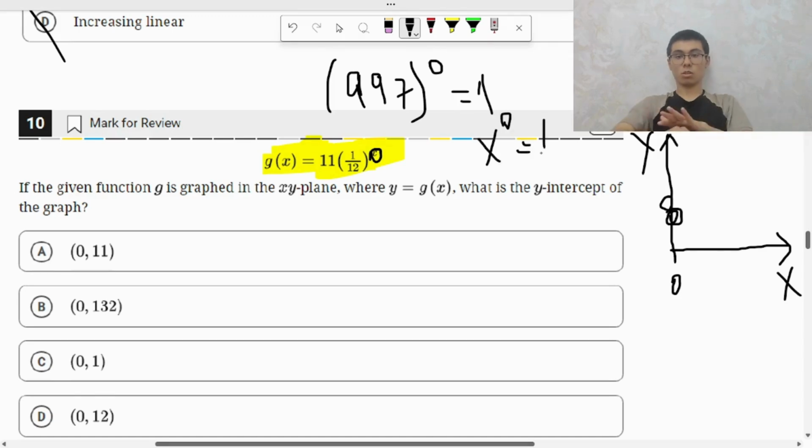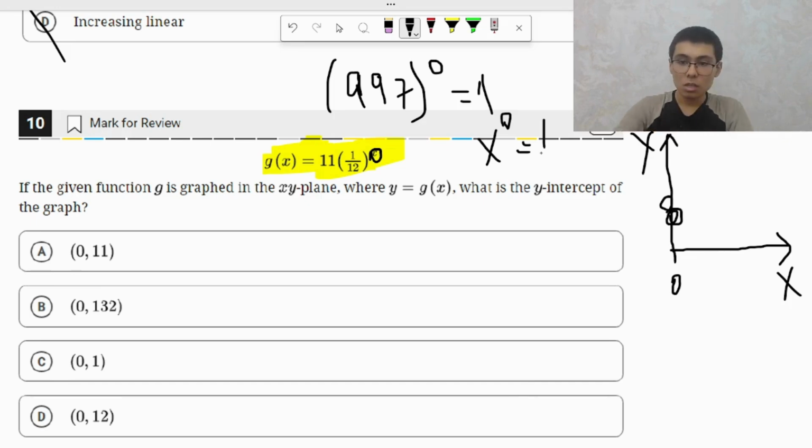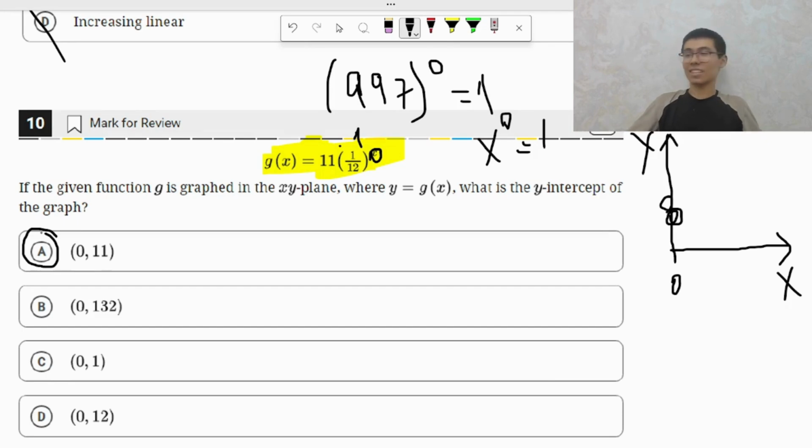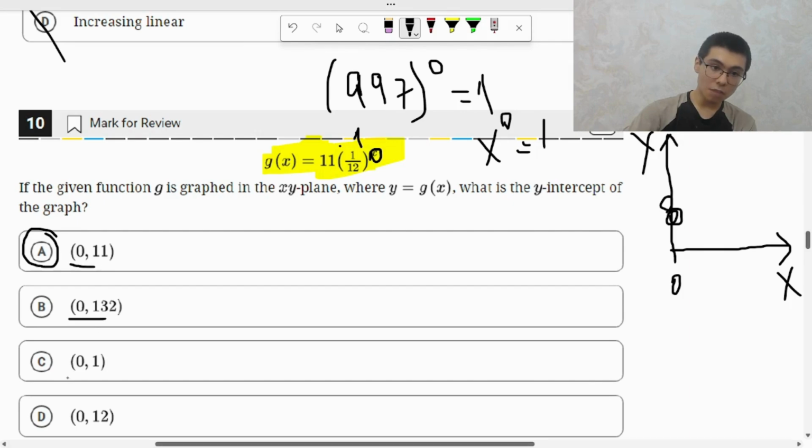It's a rule; you can't reject this. So 11 multiplied by 1 is going to be 11, right? Even if you didn't know what y-intercept actually means, you could easily get this question correct. Why? Because all of these choices have 0 as the value of x.